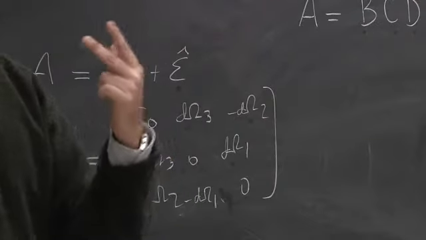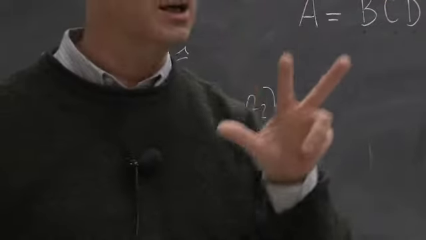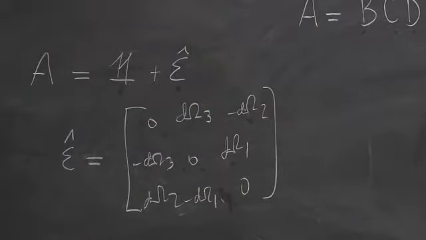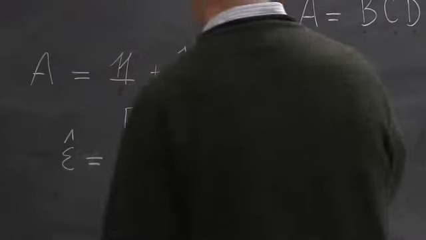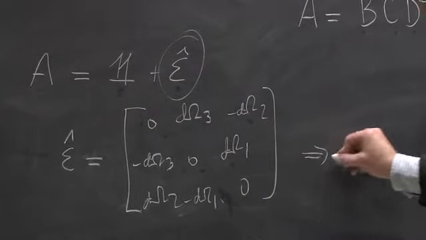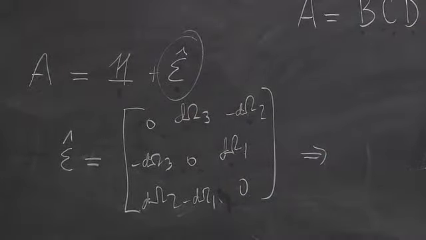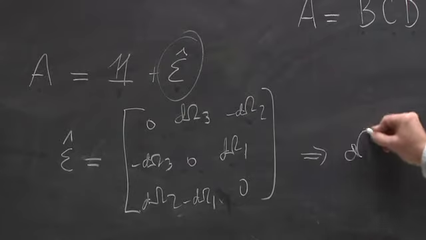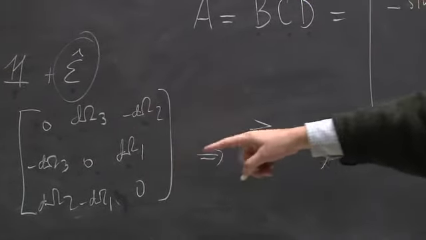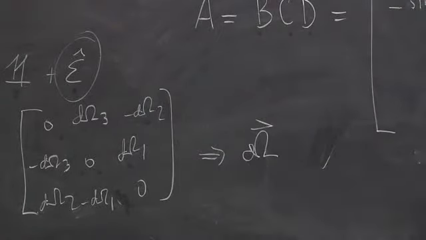But if this object is characterized by only 3 numbers, I can think of this matrix as a vector in 3 dimensions. So this infinitesimal rotation can be characterized by a vector that I call the omega vector, which has as components the infinitesimal angles that are some function of my Euler angles.